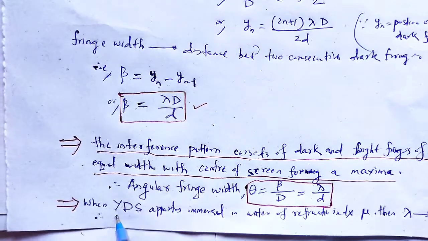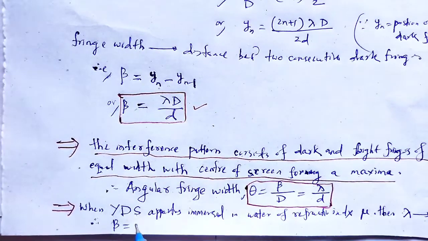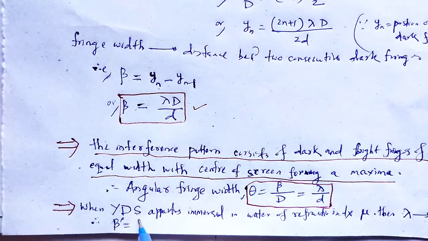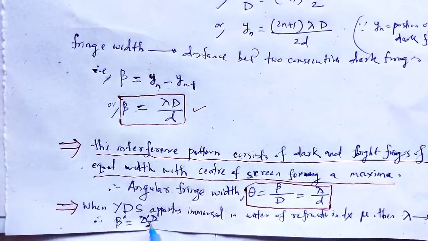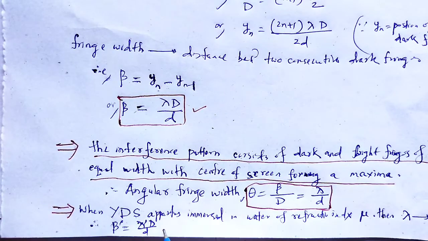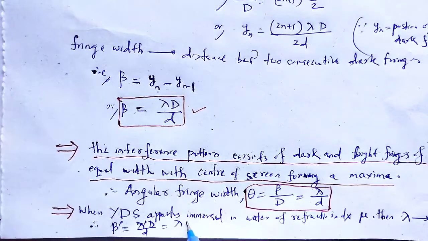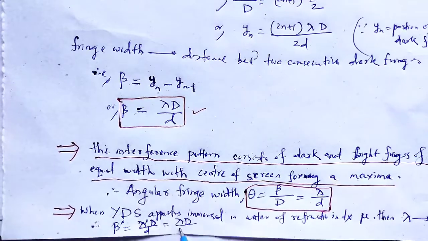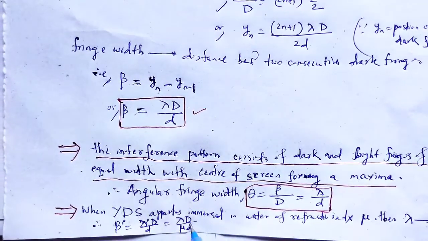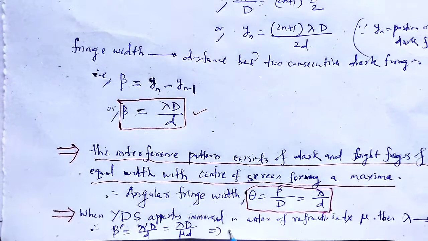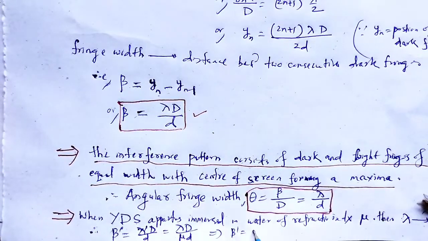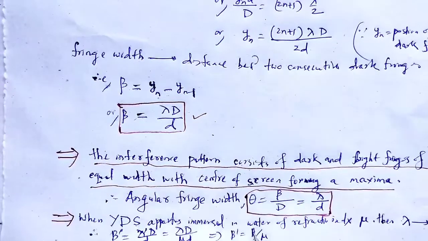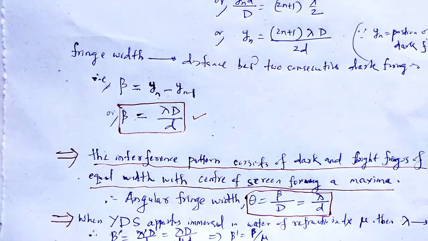Therefore fringe width beta dash is equal to lambda dash D by small d. Now putting its values, we have lambda D by refractive index into small d, which implies beta dash is equal to beta divided by mu.